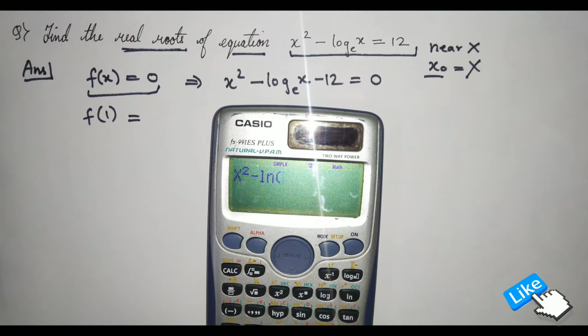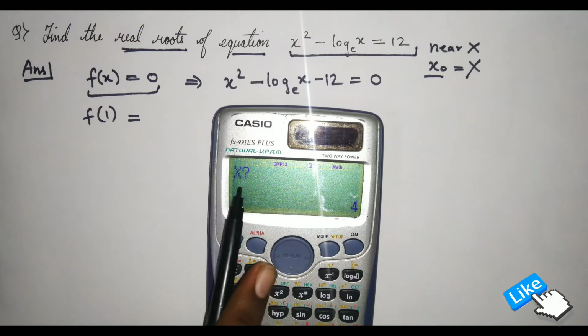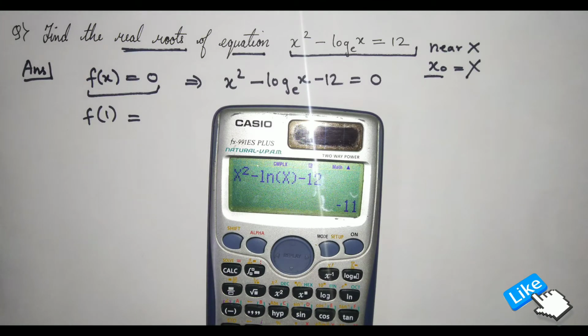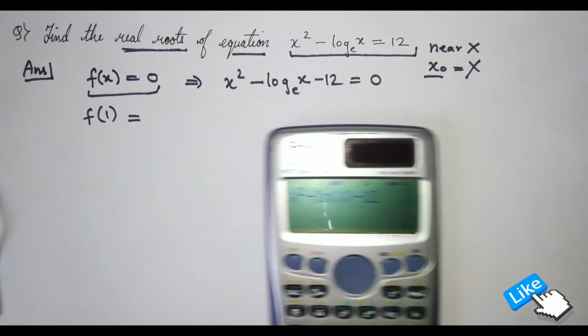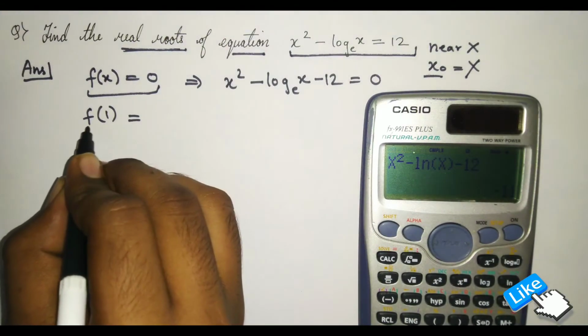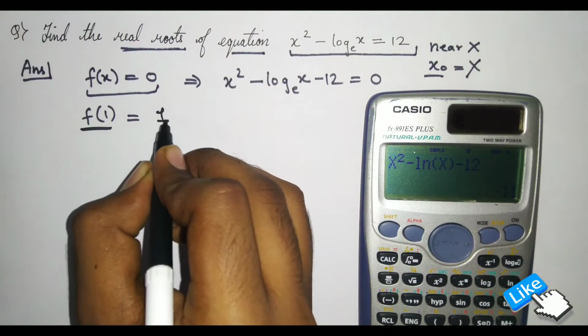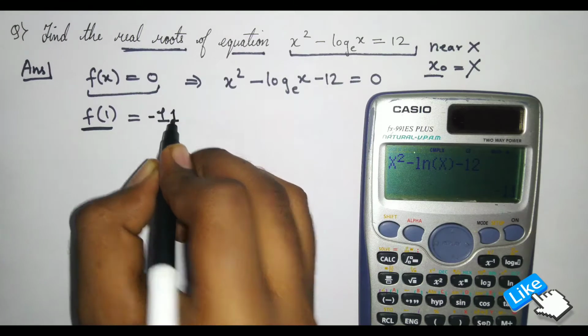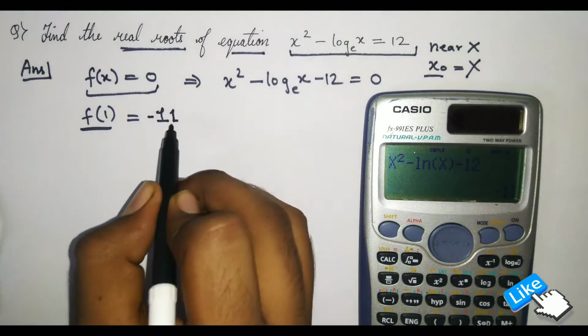So x square minus ln x minus 12. Press calculate. Now they are asking the x value. We give x as 1. We got the value as minus 11. So f of 1 is equal to minus 11.